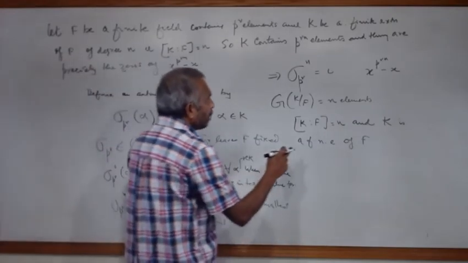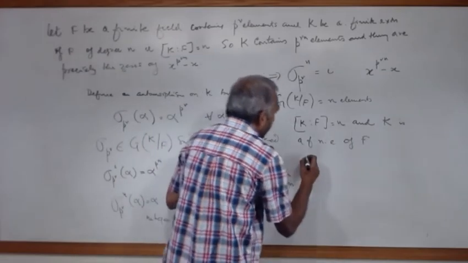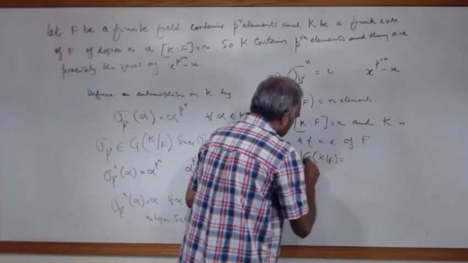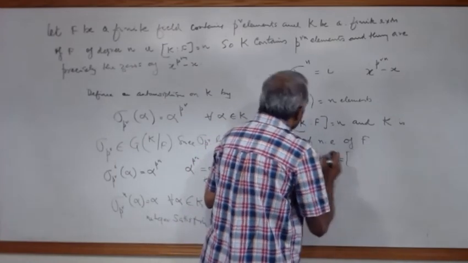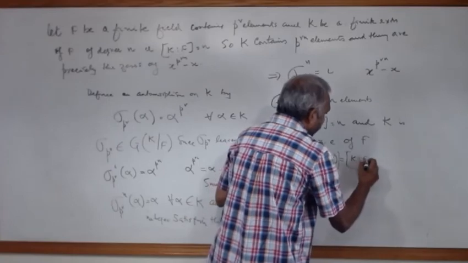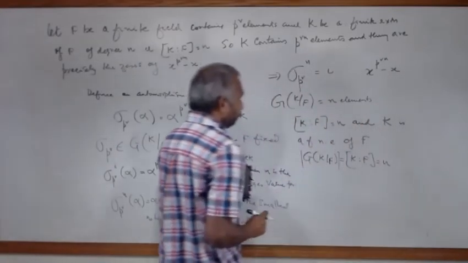So this is a finite normal extension of F. So that means the order of G of K over F is equal to the degree of K over F, and that is equal to n.